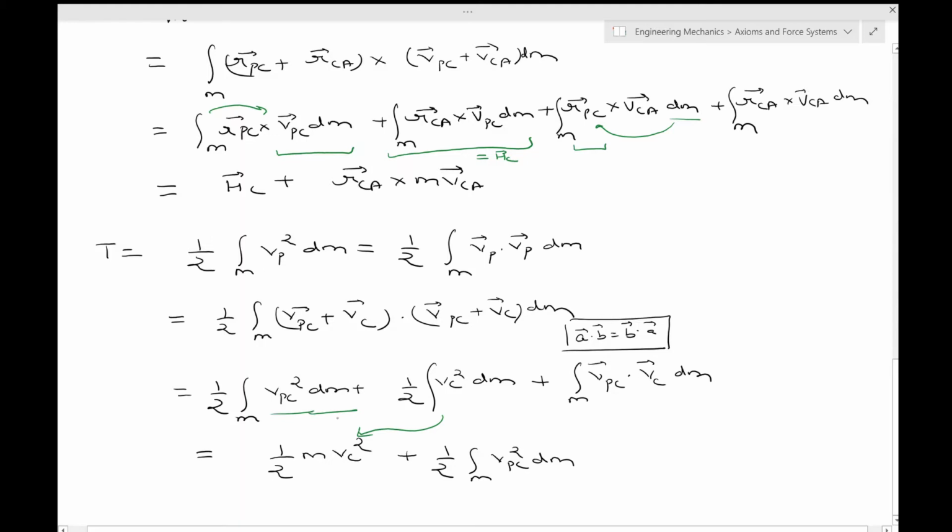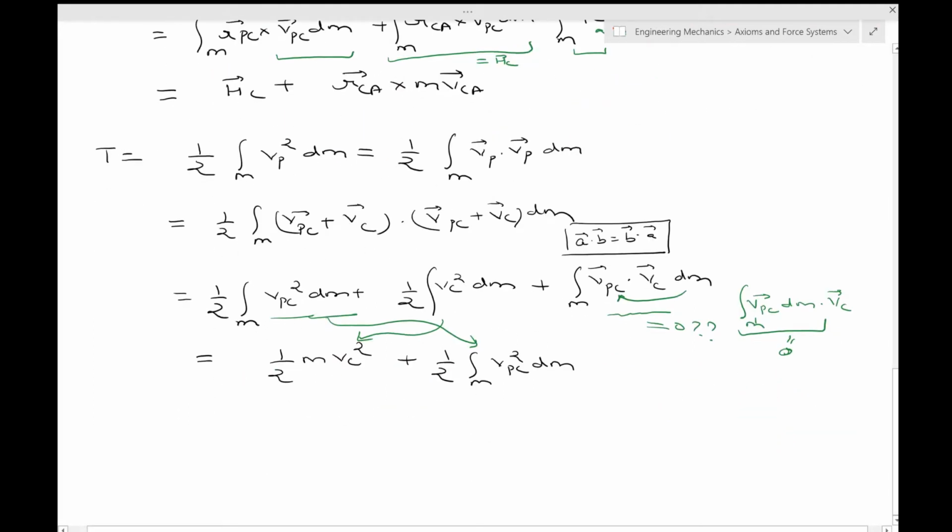This quantity is over here, and for some reason this is equal to 0. Okay, the reason for that is if this dm is brought in over here, then vpc, and you can do that because dm is a scalar quantity. Okay, this is here, and this particular thing is equal to 0 because vc you can take out of the integral, so that's why this is 0. So you have now shown the proof of 2.31.